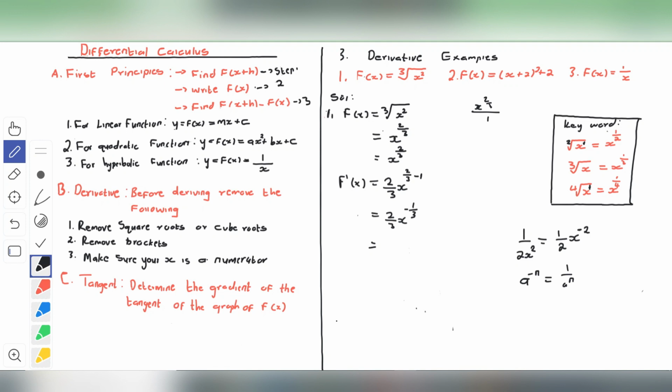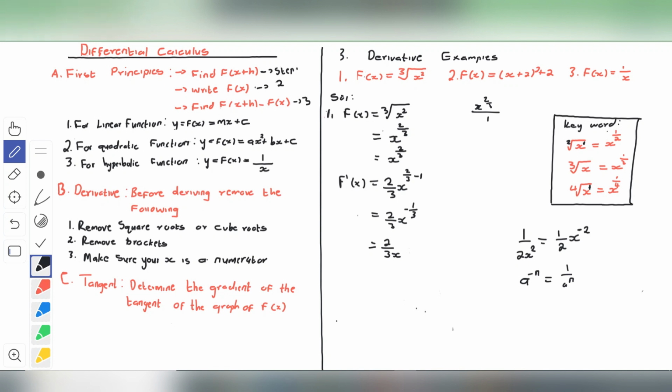So if we check here, we have x to the power of negative 1 over 3, right? If we want to write it in the form 1 over a to the n, it's going to be 2 all over 3, right? Therefore, we write our x, which is a, and then our exponent is no longer negative 1 over 3, but 1 over 3.